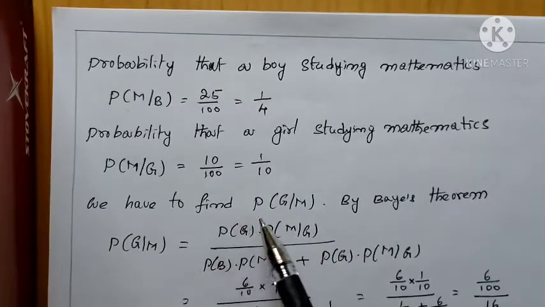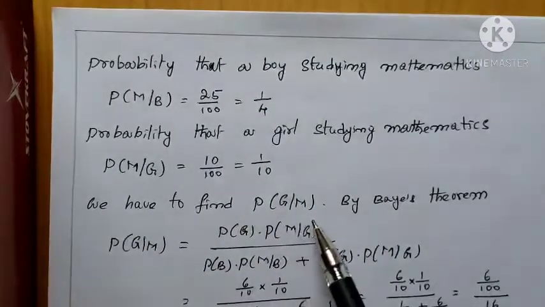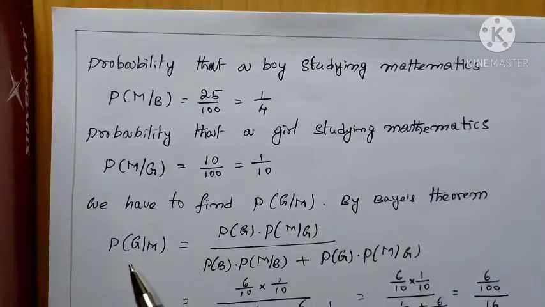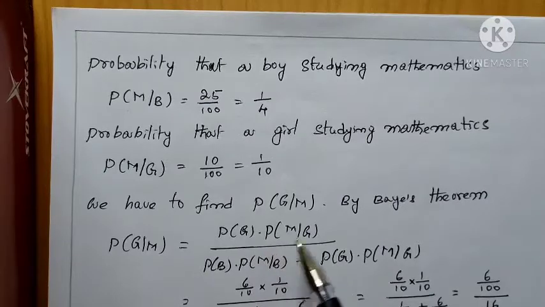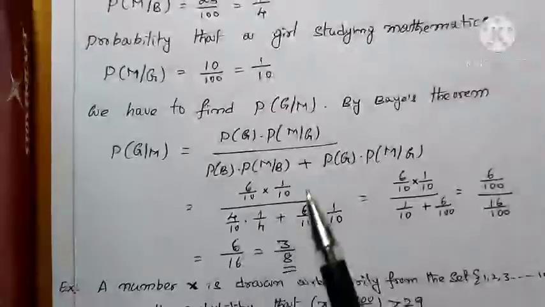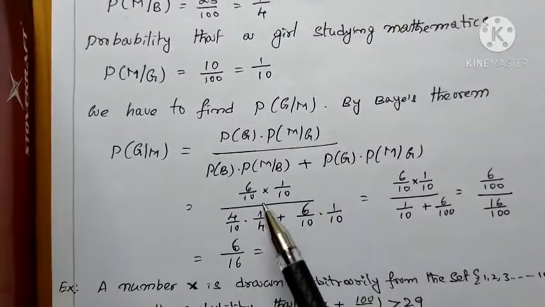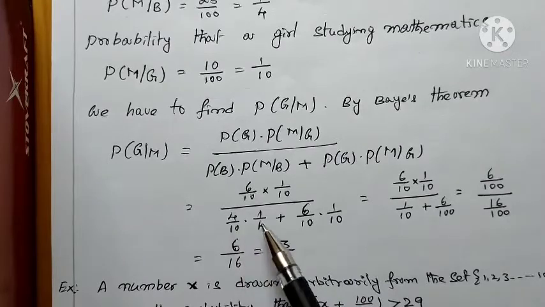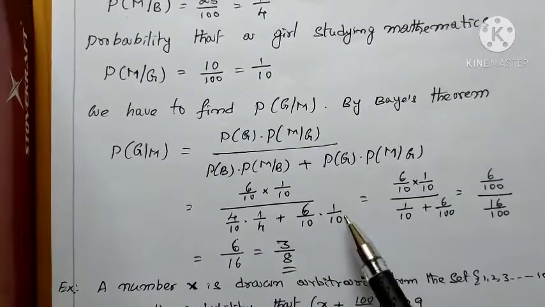We have to find P(G/M) by Bayes theorem. P(G/M) is equal to P(G) into P(M/G) divided by P(B) into P(M/B) plus P(G) into P(M/G). Substitute the values. We will get 6/10 into 1/10 divided by 4/10 into 1/4 plus 6/10 into 1/10.